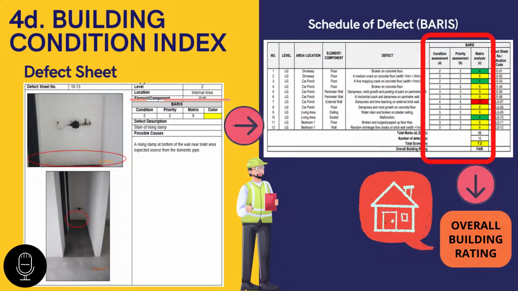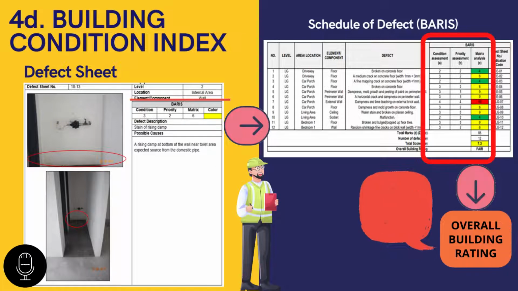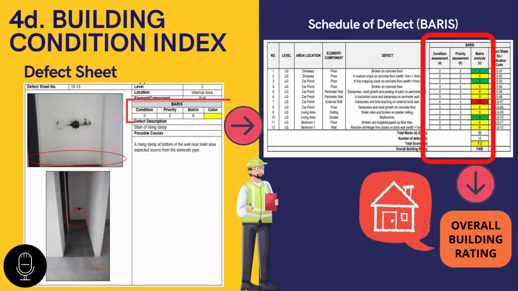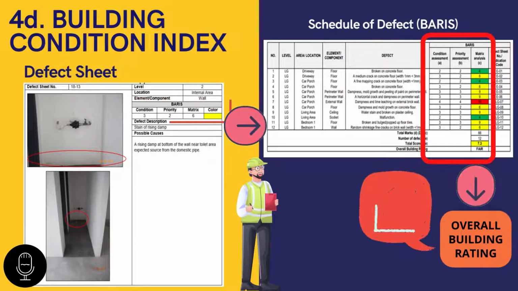This calculation also has to consider the number of defects. The total marks from the matrix analysis will be divided by the number of defects to get a total score. From the total score we will determine the overall building rating.